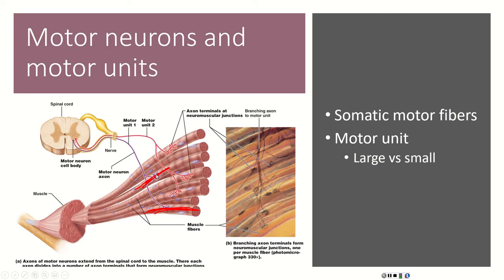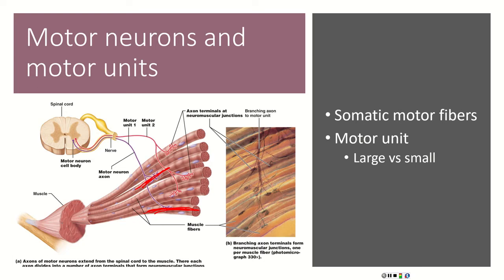If instead we send an action potential through the pinkish red motor neuron, then the three muscle cells that it connects to will contract, and none of the other muscle cells will. We could send action potentials through both of these neurons, in which case all five of these muscle cells would contract.